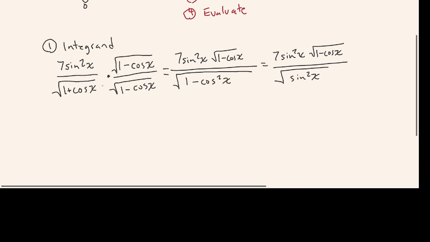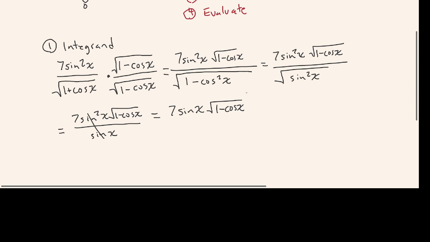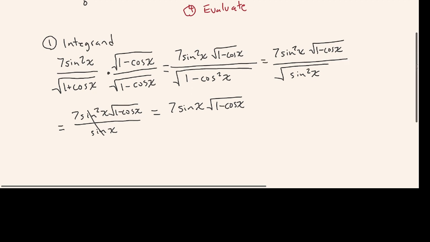And now this is getting a little easier to deal with. We can take the square root on the bottom. The top will remain the same for now, and the square root of sine squared x will just be sine x. Now we can cancel one of the sines, so we'll get 7 sine x times the square root of 1 minus cosine x. And that's a lot easier to deal with.